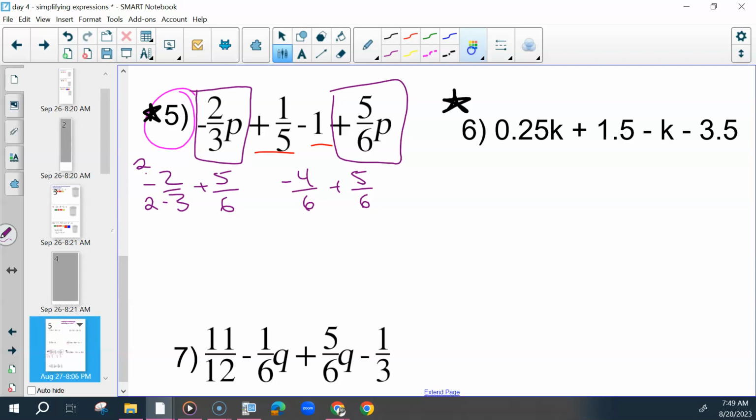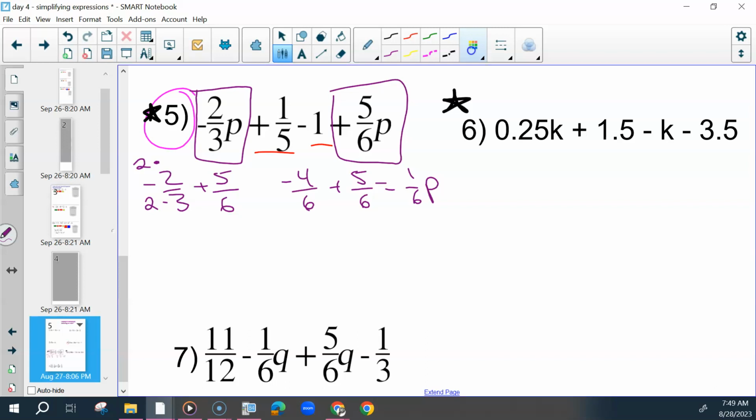So what would our new fraction become? 1/6. 1/6, yes. What's your question? Why is 2? We're multiplying 2 times -2. Oh, that's a negative. So this one was a -2, and I'm multiplying it by 2. So 1/6p.